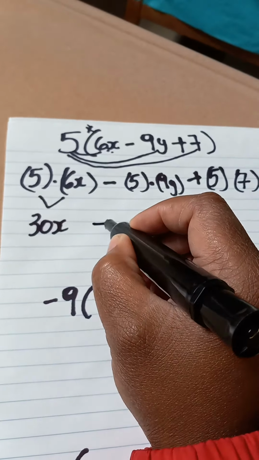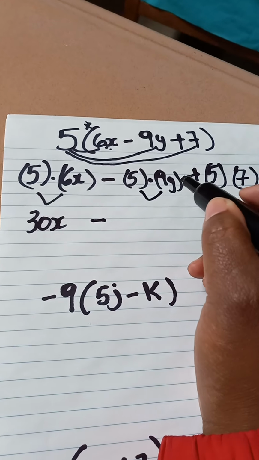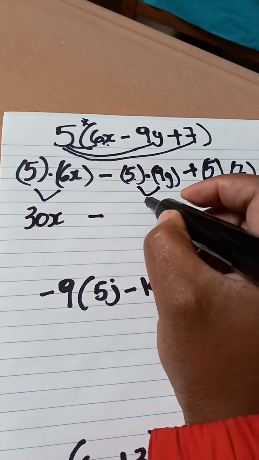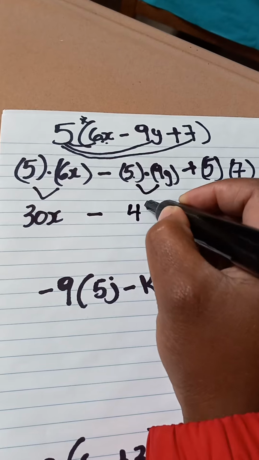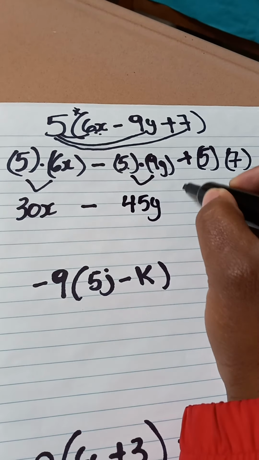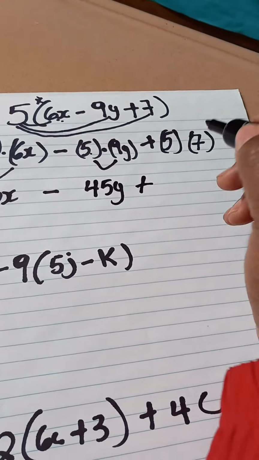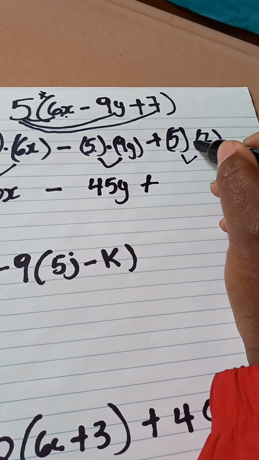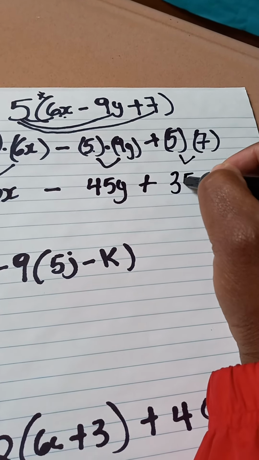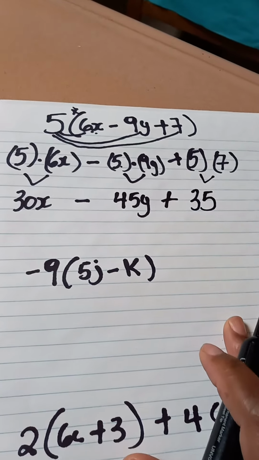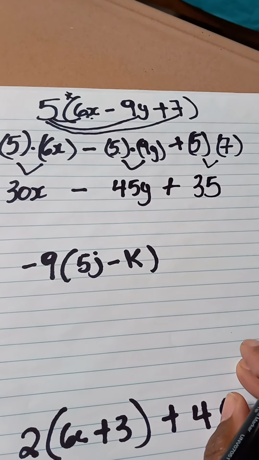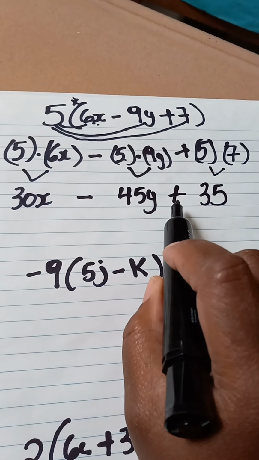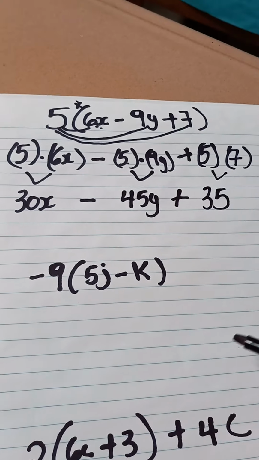Then I'm going to put my minus sign. Then I have my 5 times 9y, 45y. Then I put my sign. Then 7 times 5, or 5 times 7, is 35. Now we have this expression: 30x minus 45y plus 35.